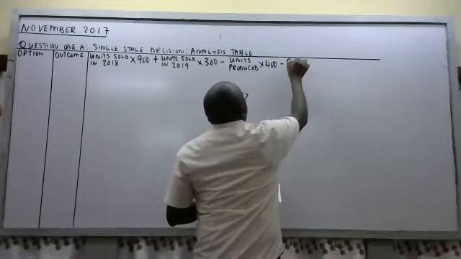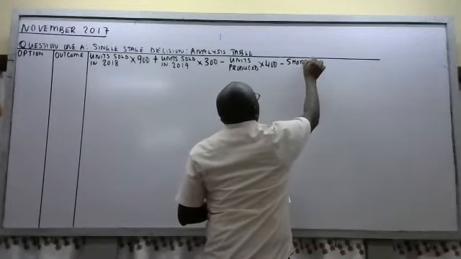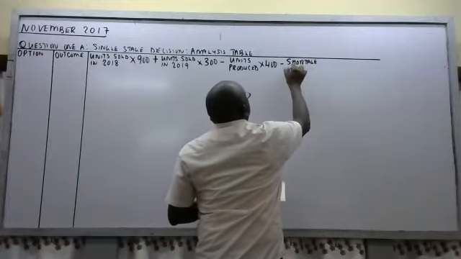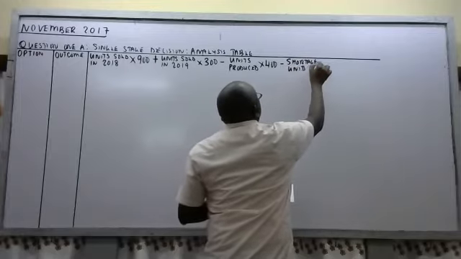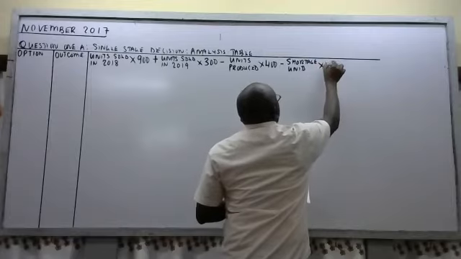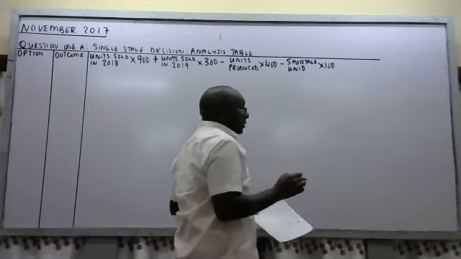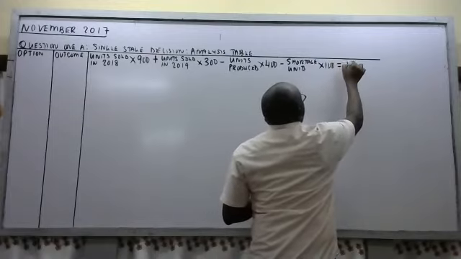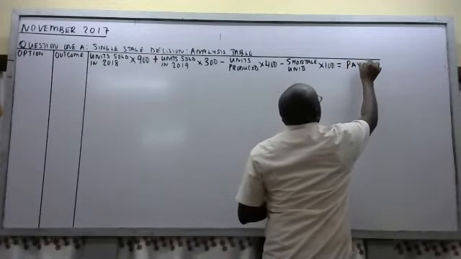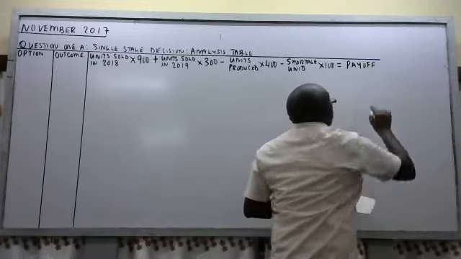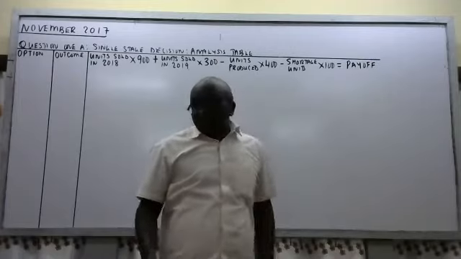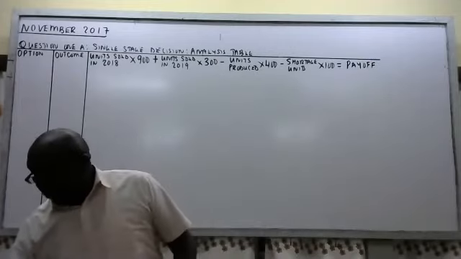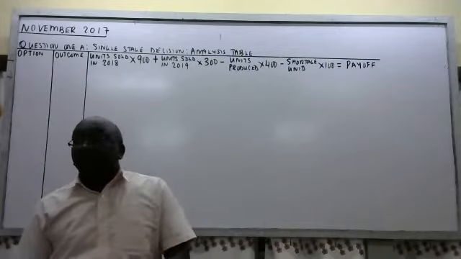So shortage units, you multiply by 100. And this now will give us the payoff. So that is the formula that we are going to use.